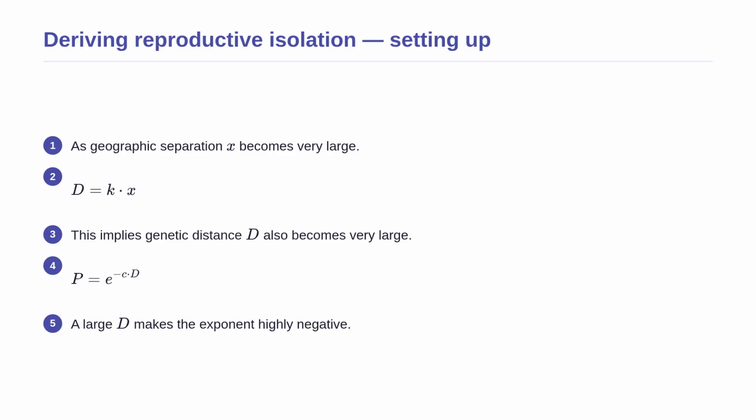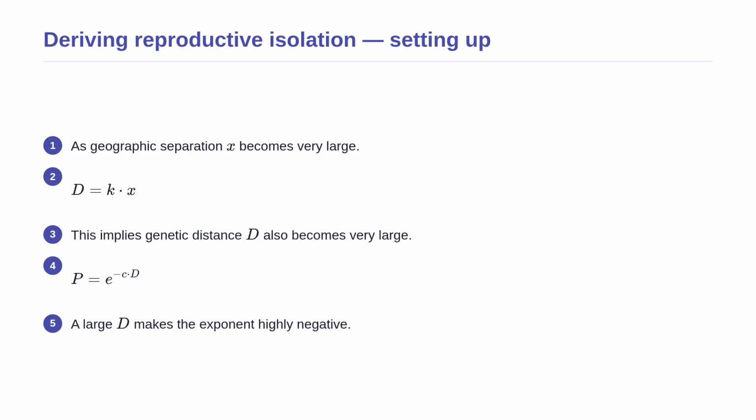Before we move on to another example, let us mathematically prove why the endpoints of a ring species act like separate species. We start by observing the geographic separation. As the migration distance x becomes very large, our linear model dictates that the genetic distance d must also become very large, assuming a constant mutation rate.